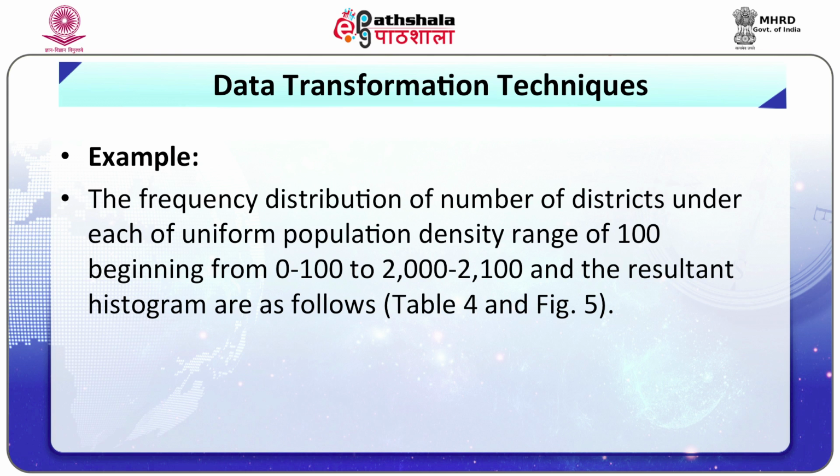The frequency distribution of number of districts under each uniform population density range of 100, beginning from 0 to 100 up to 2000 to 2100, and the resultant histogram are as follows, as shown in table 4 and figure 5.